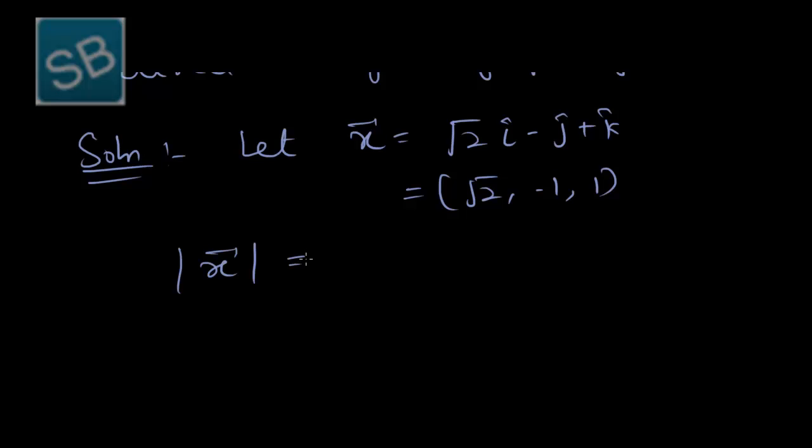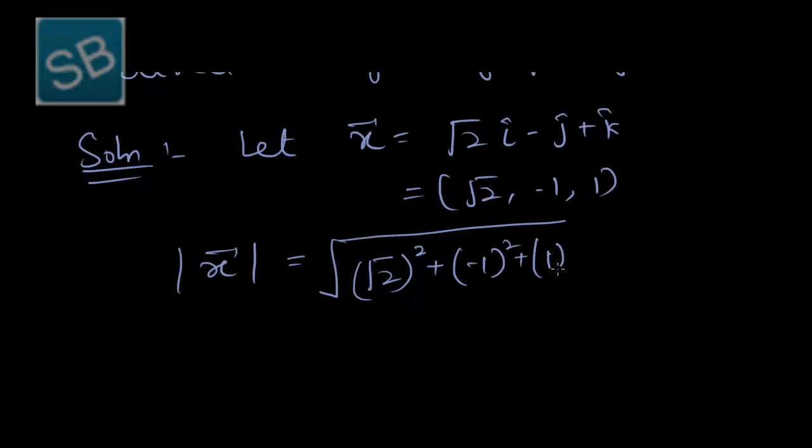Magnitude has a special role in finding direction cosine or direction ratio. So it is the component of i squared plus component of j squared plus component of k squared. So we get 2 plus 1 plus 1, that is √4. As magnitude is positive, we will take positive 2.